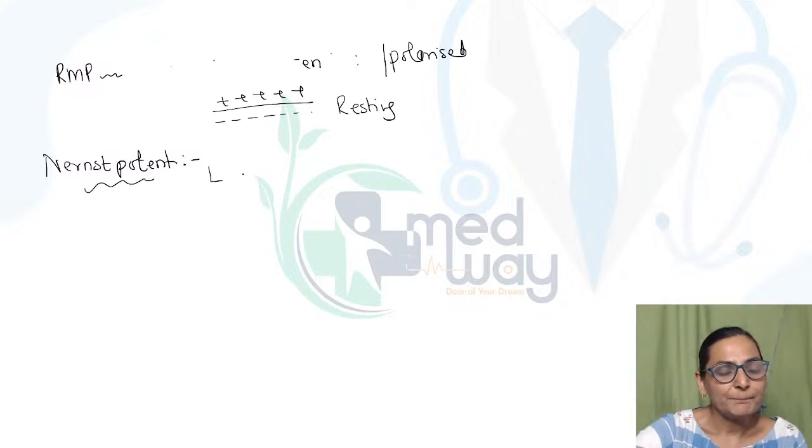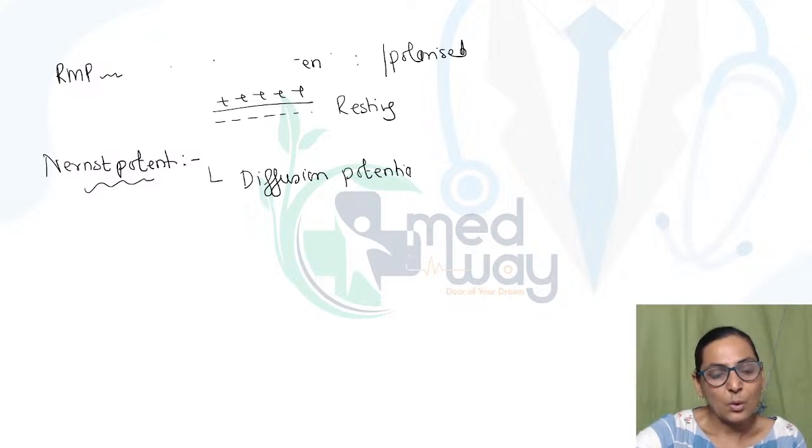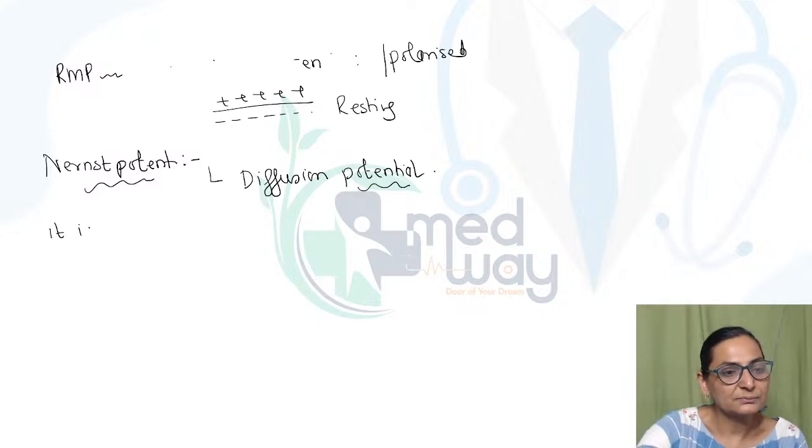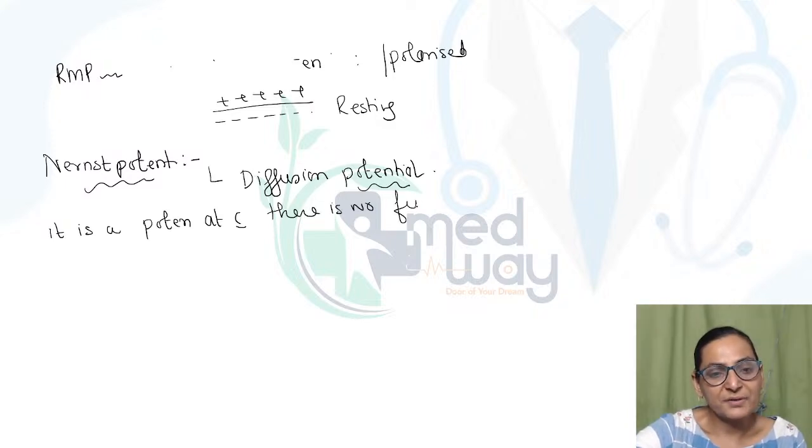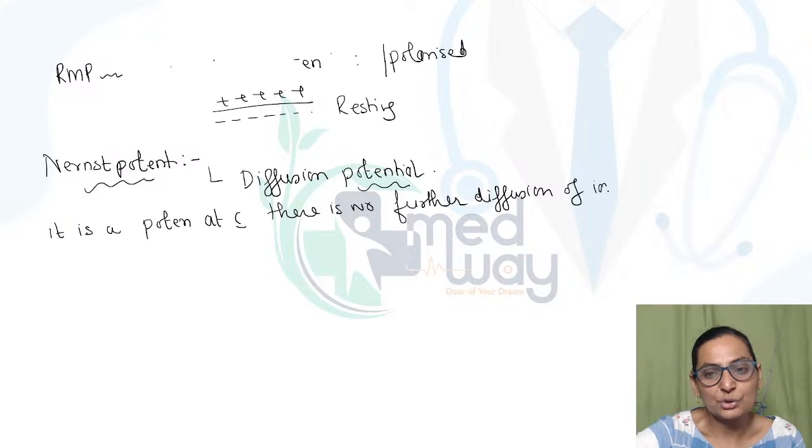It is defined as a diffusion potential, or it is a potential at which there is no further diffusion of ions. That potential at which there is no further diffusion of ions.